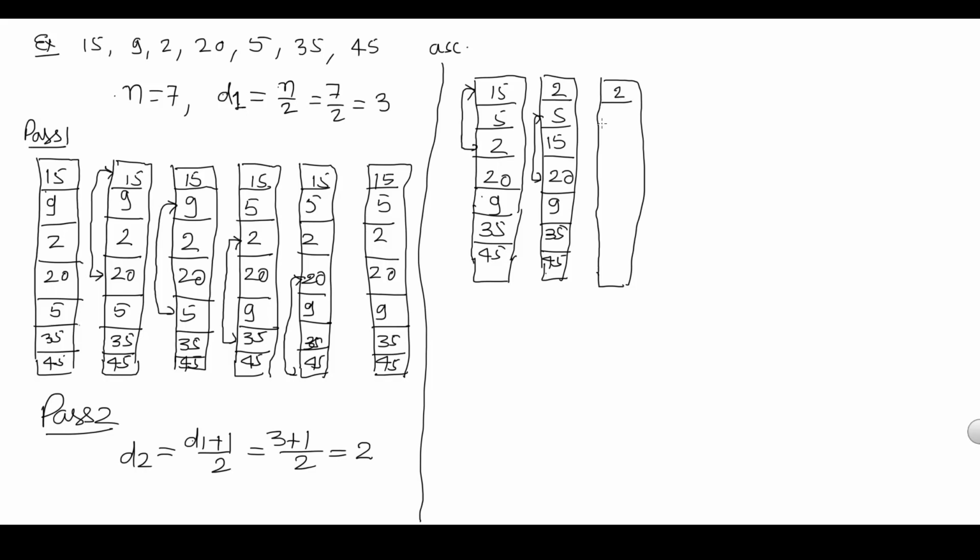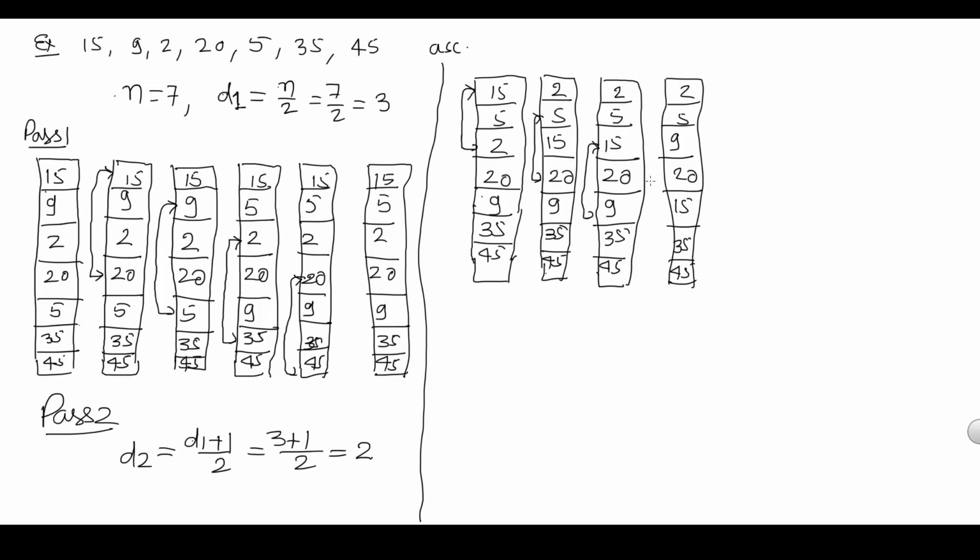Rather, elements will remain as they are. Now we will compare 15 with 9. Because 15 is greater than 9, we will swap these values. 2, 5, here 9 will come, then 20, here 15 will come, then 35 and 45.